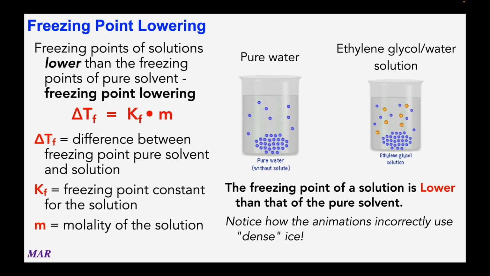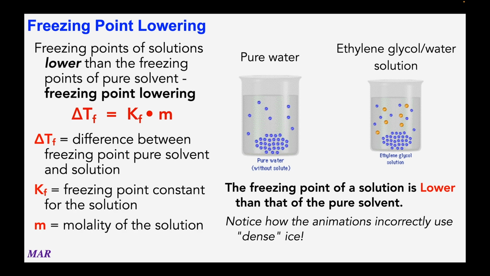But remember, the freezing point of the solution will be lower, while the boiling point will be higher in the solution. So delta T, which sometimes gets a little symbol F instead of B for freezing versus boiling, is the difference in the freezing point. K is just a constant. It's a different constant than you have for the boiling point. So you have to look up a different value, but again, you don't need to worry about that. And little m is molality.